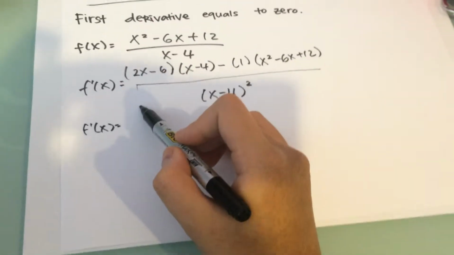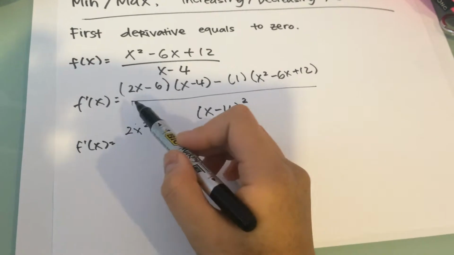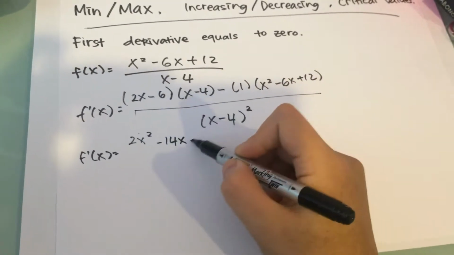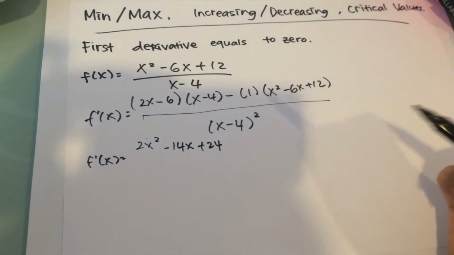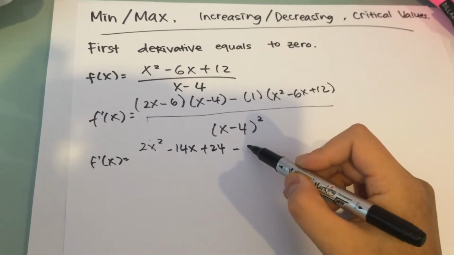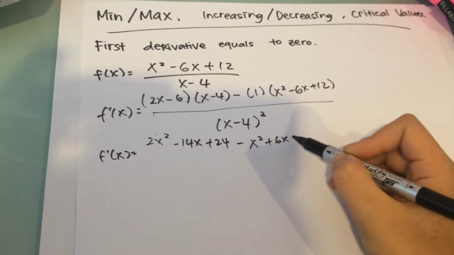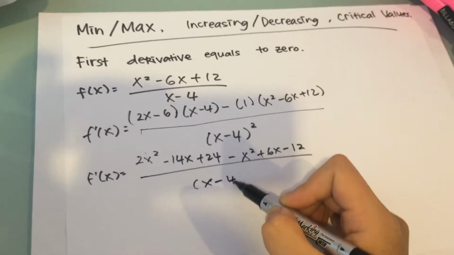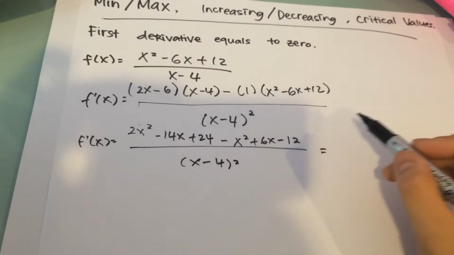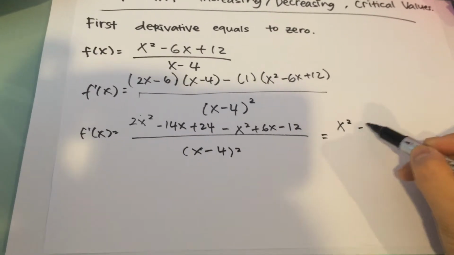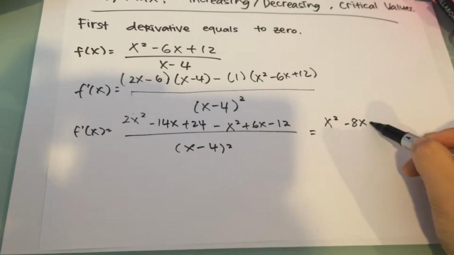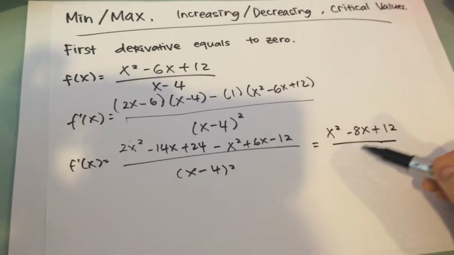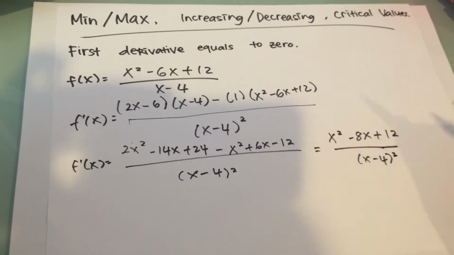It becomes 2x squared minus 14x plus 24, and then minus x squared plus 6x minus 12, all over x minus 4 squared. And then we simplify again, it becomes x squared minus 8x plus 12 over x minus 4 squared.